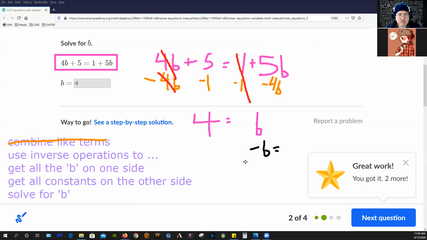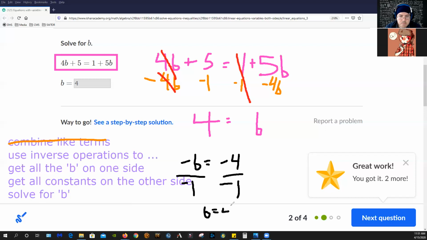Okay, for anyone that was gung-ho about subtracting 5b from both sides, you would have ended up with negative b, because 4b minus 5b would be negative b, and you'd have subtracted 5 from both sides, and 1 minus 5 would have been negative 4. So if you ended up with that, you can either multiply or divide both sides by negative 1. Either one, you'd end up with b equals 4. So we still all end up with the same answer.